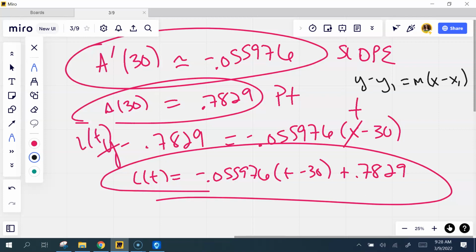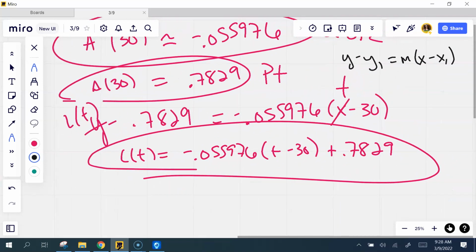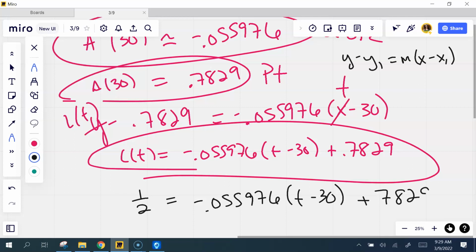I need time. When will this equal 1/2? If you knew to take L of t and set it equal to 0.5, you got a point. Even if your L of t was wrong, if you set your L of t equal to 0.5, you got a point.